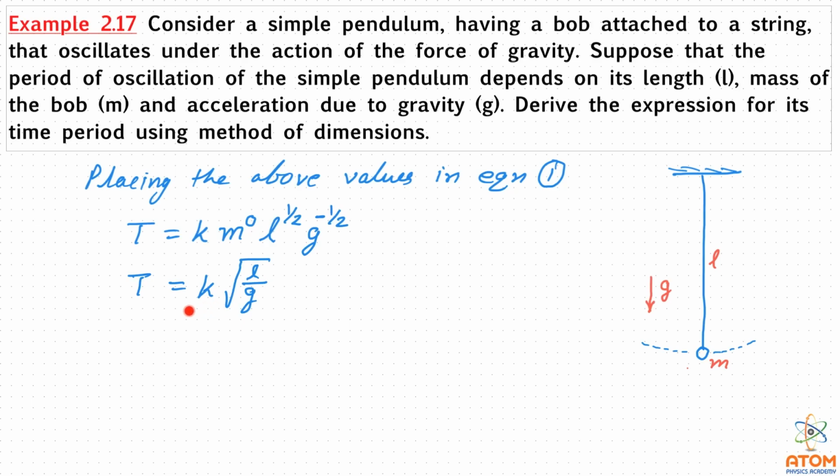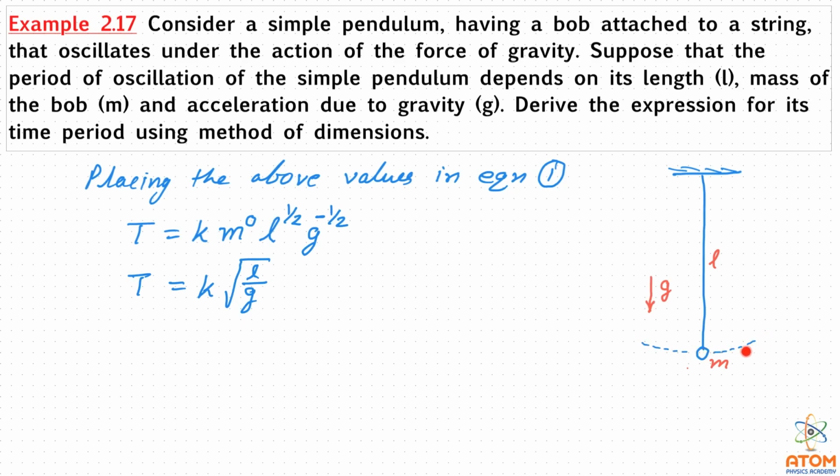Now we don't know the value of proportionality constant K. It's dimensionless and a constant. And with the dimensional analysis, we cannot sort out the value of K. So we have to do one experiment. Means we have to really create this type of situation where we take a pendulum of length L, mass m under the gravitational acceleration G, and then we oscillate it.